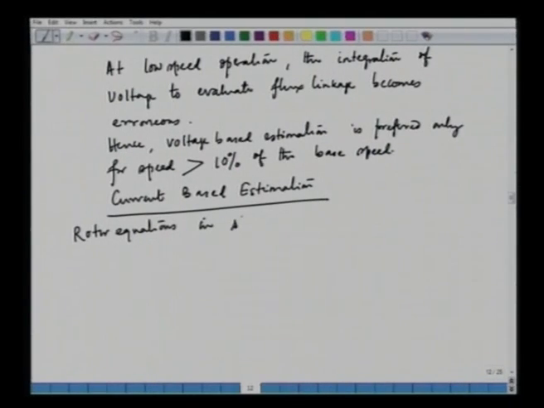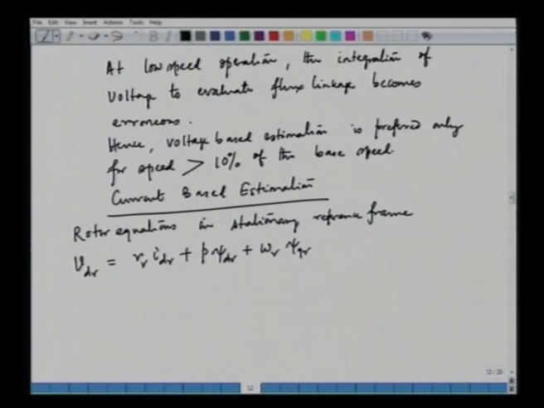in stationary reference frame can be given as follows. Say for example, VDR is equal to RR IDR plus P psi dr plus omega r psi qr, that is equal to 0.